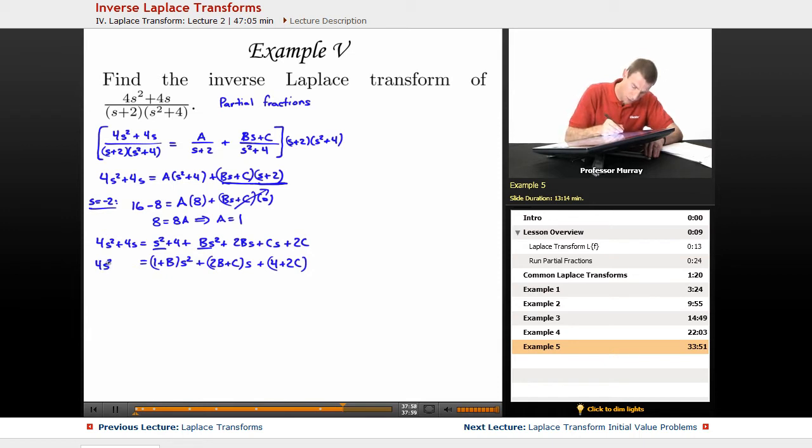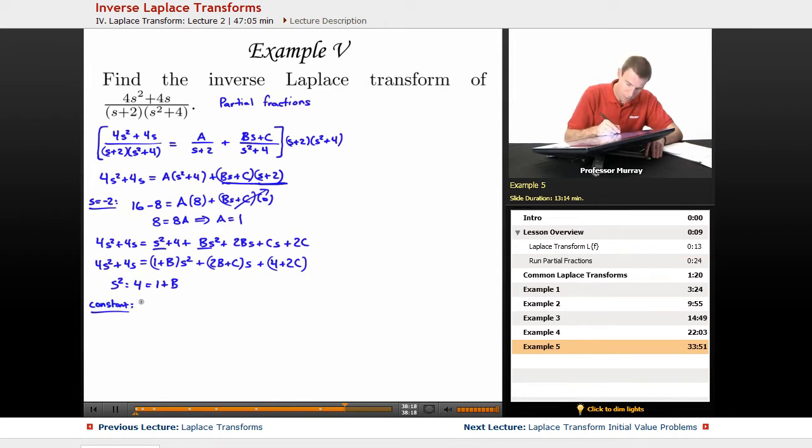This is still equal to 4s squared plus 4s. From my s squared terms, I see I'm going to get 4 is equal to 1 plus B. From my, I think I'm going to skip to the constant terms because that looks a little simpler.